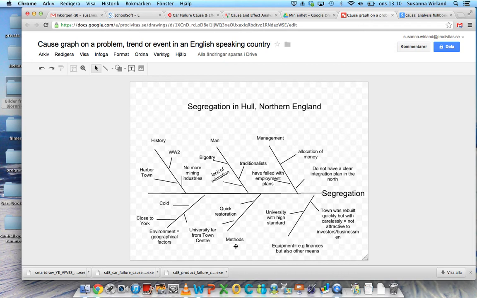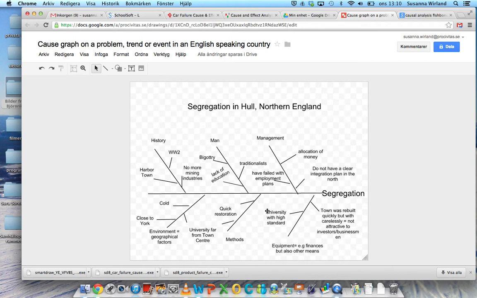We'll look at methods that are used to work against segregation. Well, it could be that after World War II, the country or the management tried to restore the town as quickly as possible. And as we see over here with equipment, the town was rebuilt quickly, but carelessly. So today we have a town that is not attractive to investors or businessmen.